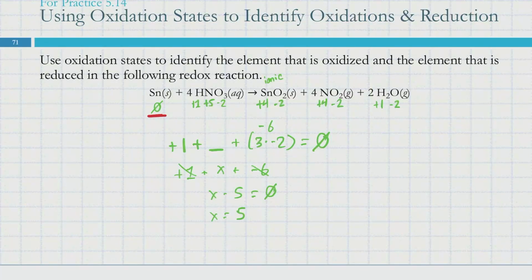So tin changed from 0 to +4. Nitrogen changed from +5 to +4. Which one of these was oxidized? Tin. Tin was oxidized since oxidation is an increase in oxidation number.